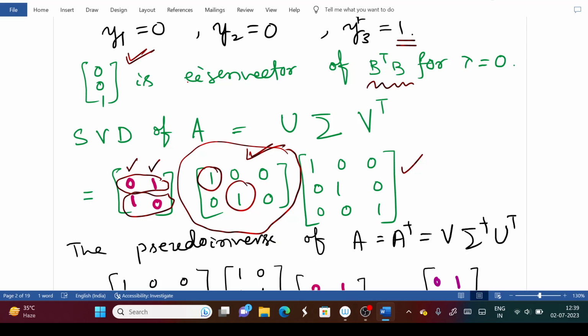And now when I multiply from the left hand side by a row matrix, we will get the rows interchanged. So it is 0, 1, 0, 1, 0, 0.